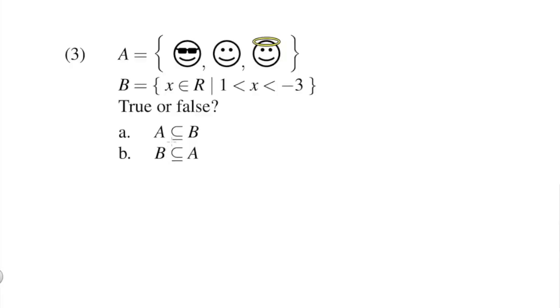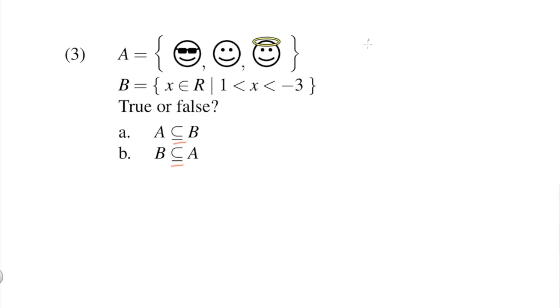Now, I want to have a look at what it means when the empty set is a subset of another set. What does that mean exactly? Let's try and get a handle on the notion of subsets when one of the sets is empty. Okay, so we've got two sets here. A, which is not an empty set, contains three members, 1, 2, 3, and B: X is a real number and X is greater than 1 and less than -3.